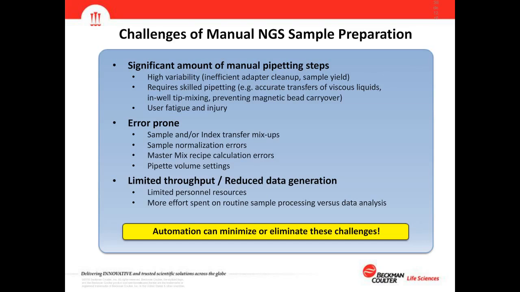Personnel resources are limited, because you could do parallel processing, as I mentioned before, by not using automation but using multiple technicians, but usually that is too costly and those people are not available. And there's more effort spent on routine sample processing versus the actual data analysis, which usually is the more exciting part of science. Automation can help to minimize or even eliminate these challenges.